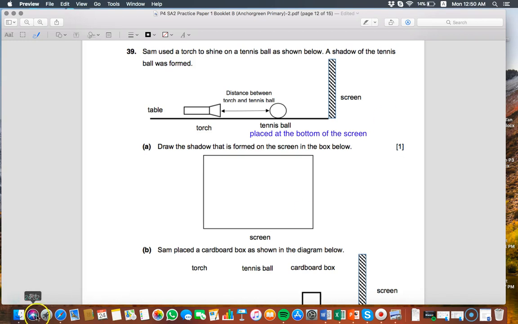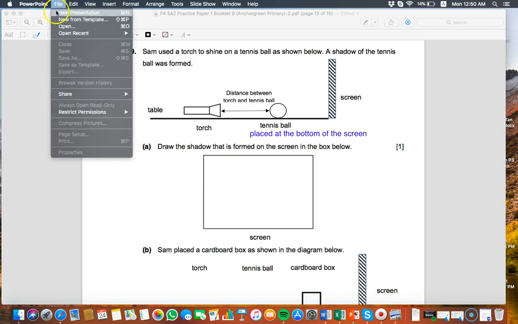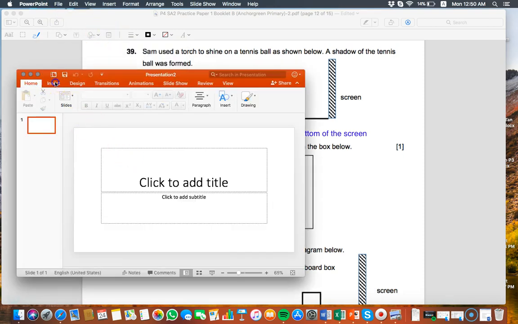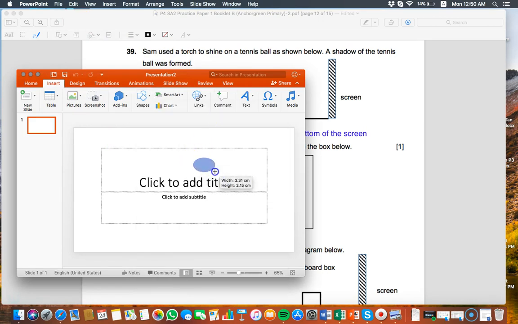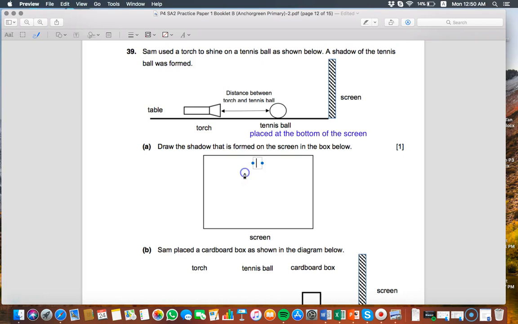Let me just open up. Copy, see whether I can paste.